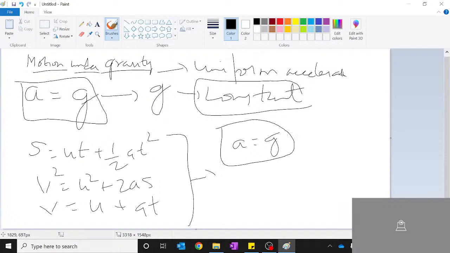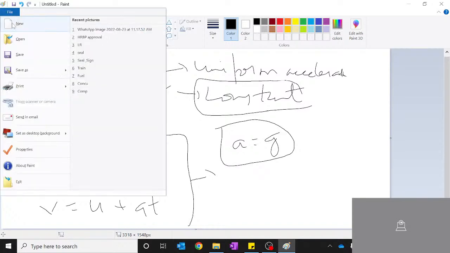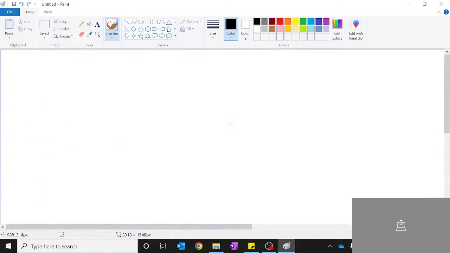And one of the most important things, your direction analysis. In all the standard vector analogies we've seen, this is my plane, this is the x-axis and this is the y-axis. Anything that goes up, we take positive, and anything that goes down, we take negative, correct?